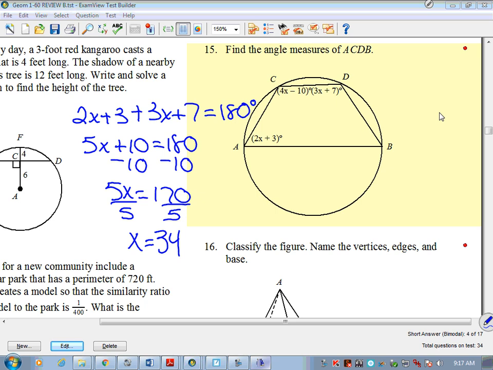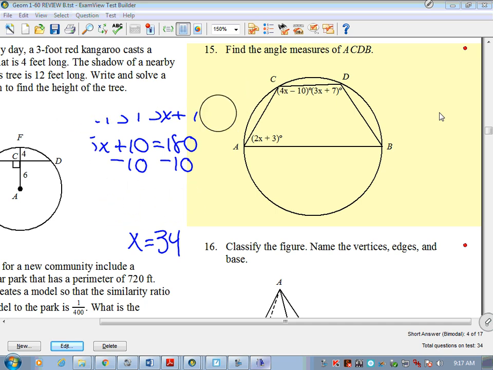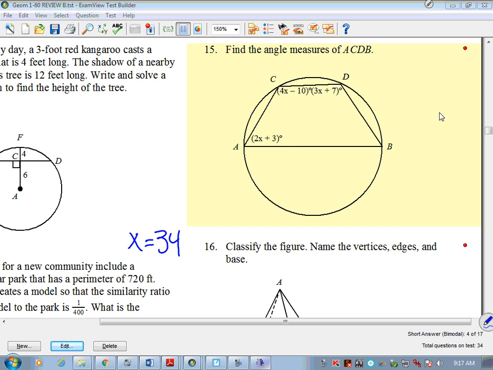I'm going to keep my x equals 34 and erase the rest of this so I have some more room to work. So we want 2 times 34 plus 3, because that's going to be angle A. Well, 2 times 34 is 68. 68 plus 3 is 71 degrees.